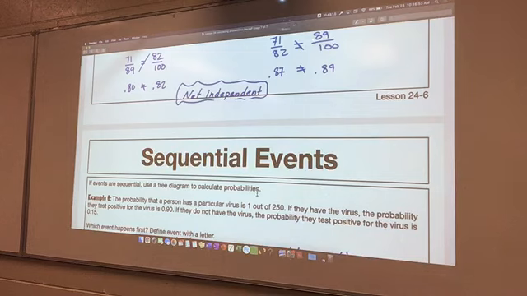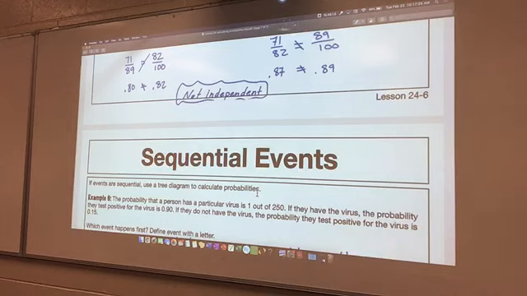Now we've got the probability that a person has a particular virus is 1 out of 250. If they have the virus, the probability they test positive for the virus is 0.9. If they do not have the virus, the probability they test positive is 0.15. So which has happened first?